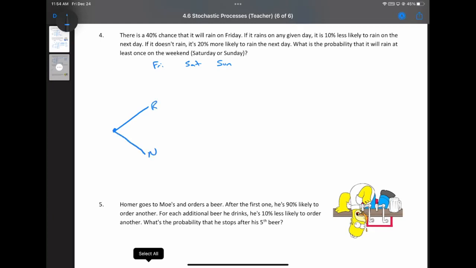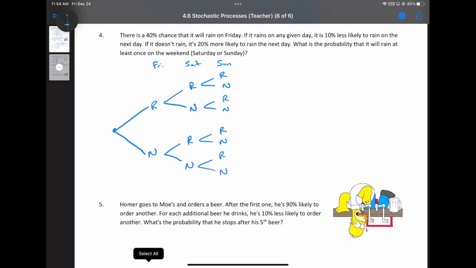And again, the letters you choose here don't matter as long as they're descriptive enough to you that you can keep track of them. Rain, not. Rain, not, rain, not, rain, not. Perfect. Now we go back and follow the instructions that are given to us.